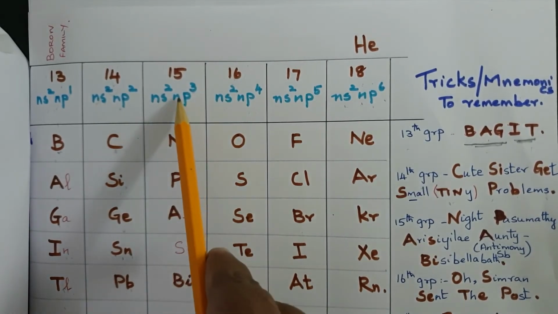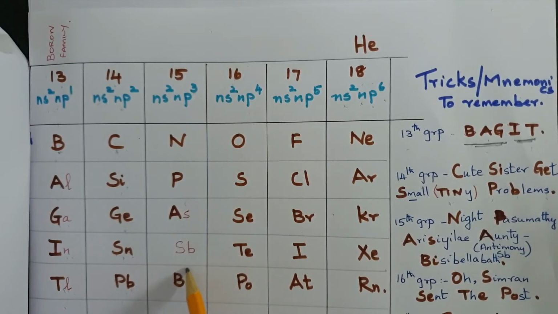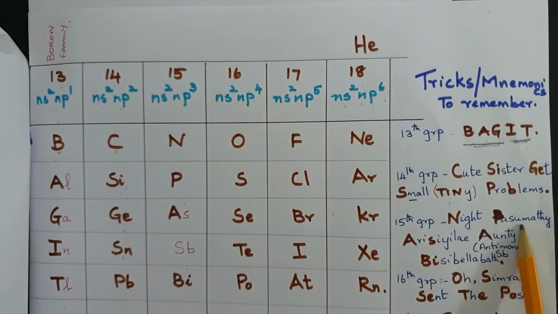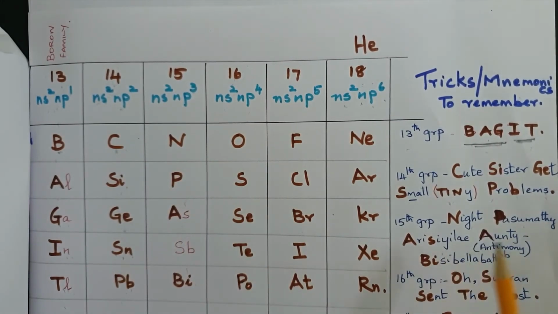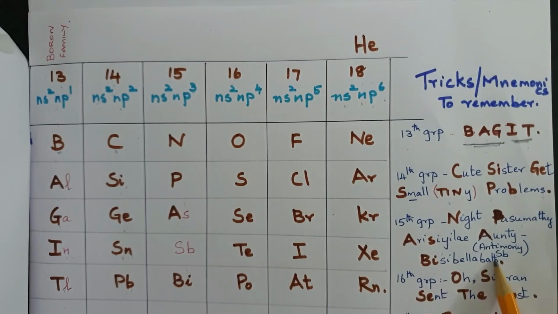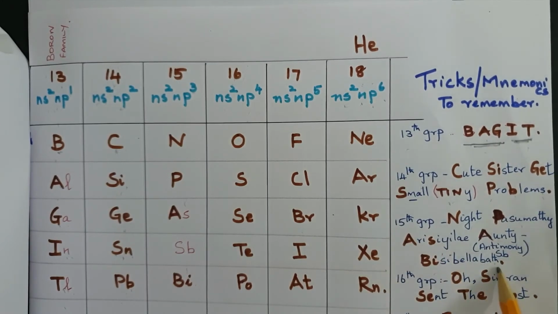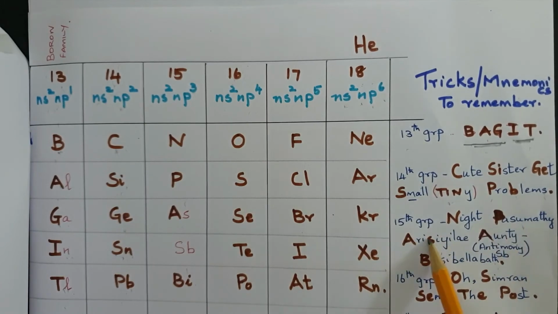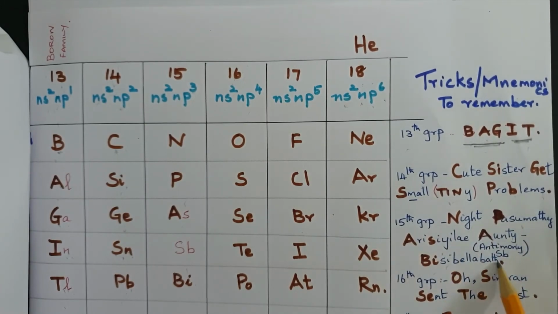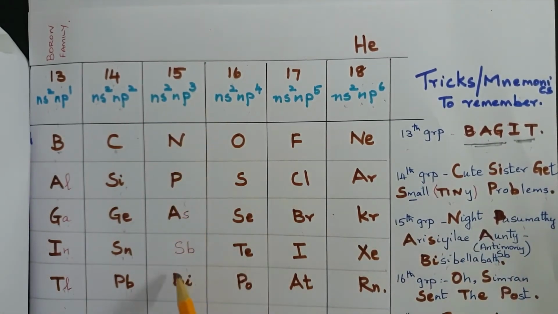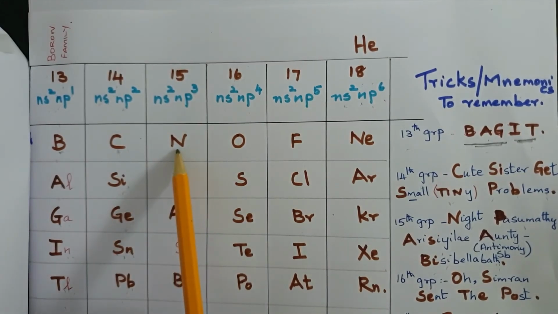Now there is a funny way of remembering the 15th group. All you have to remember is a phrase: Night Basmati Arsila Anti Bisibalabad. Now how do I put it down into the 15th group? N for nitrogen.